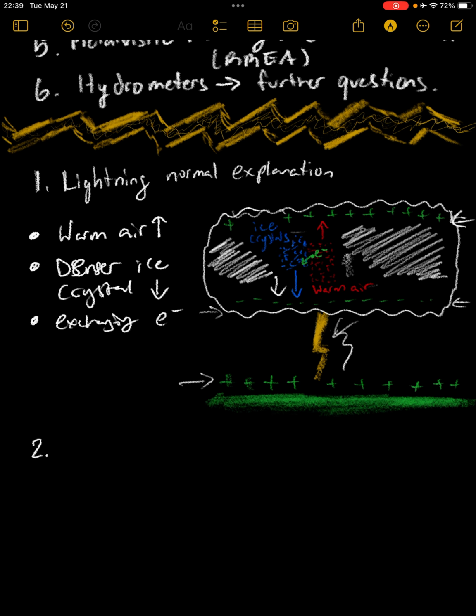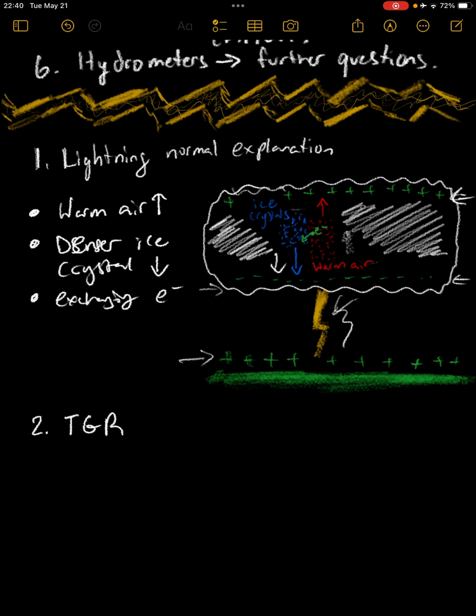So some interesting things: terrestrial gamma rays. The NASA Universe Web team in 2023 published an article where they talked about how Fermi, I believe, recorded terrestrial gamma rays from lightning ignition along the equator, and this is quite interesting.